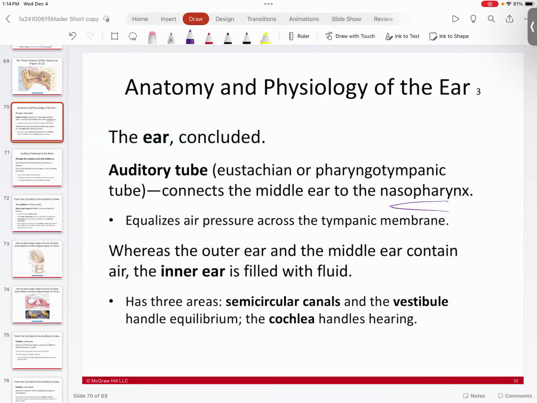The pressures outside are changing, but the pressures inside your body are not. And so pressure builds and builds, and then eventually you feel the pop, which is essentially your eustachian tube opening up into your nasopharynx and allowing the external pressure to come in and equilibrate. Okay.